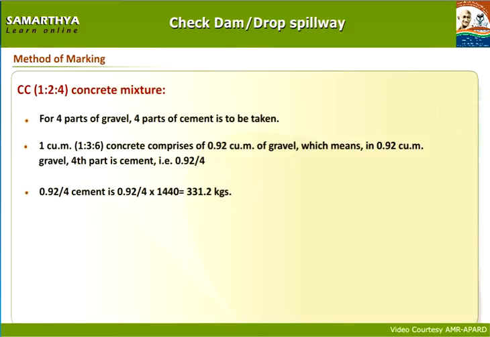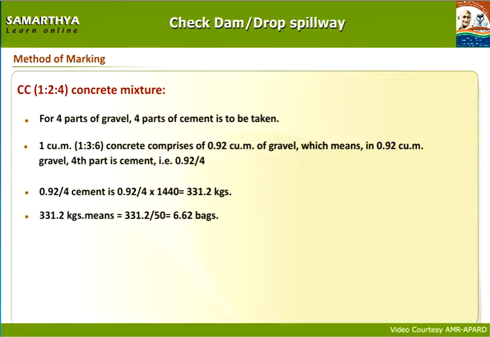0.92 divided by 4 into 1440, which equals 331.2 kgs.